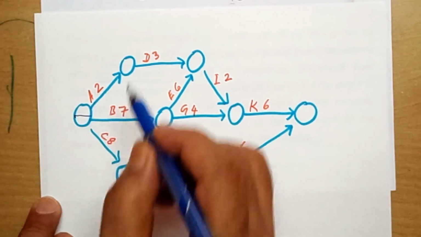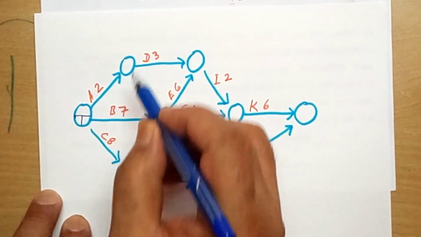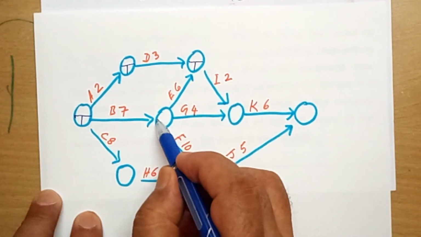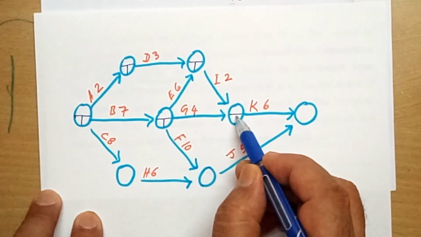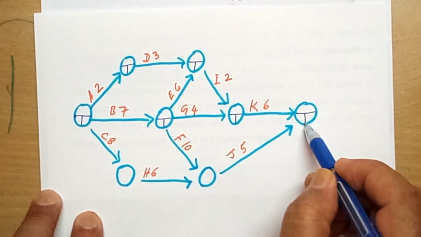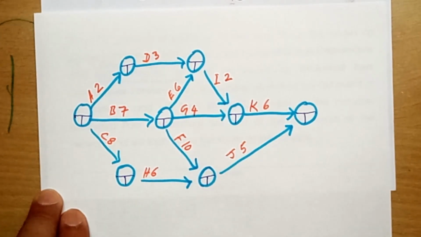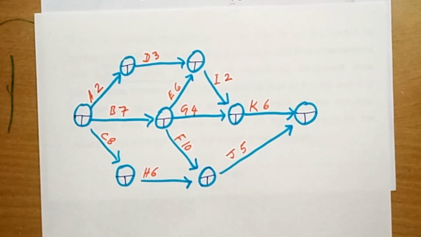So write. Okay, this is how it looks now. So you find earliest start by forward pass calculation and find the latest finish by backward pass calculation.